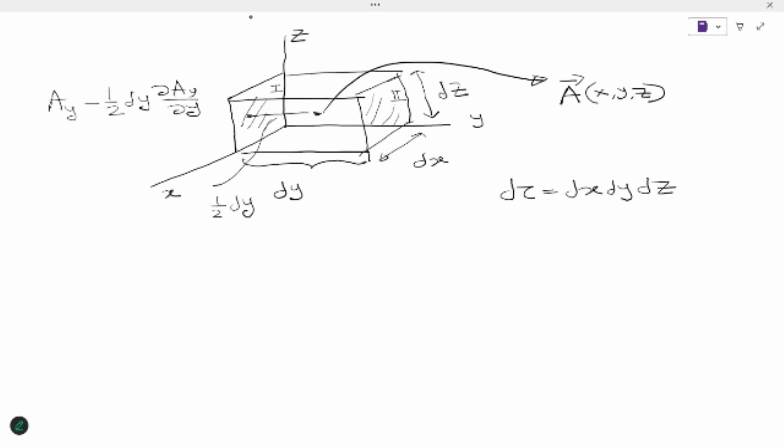And we are considering first the y component of A. Now on this side, the value of A is A_y plus half dy del A_y by del y.